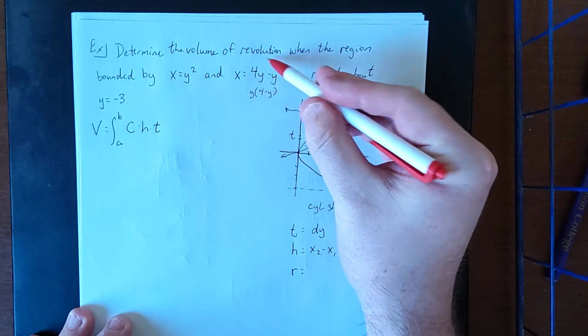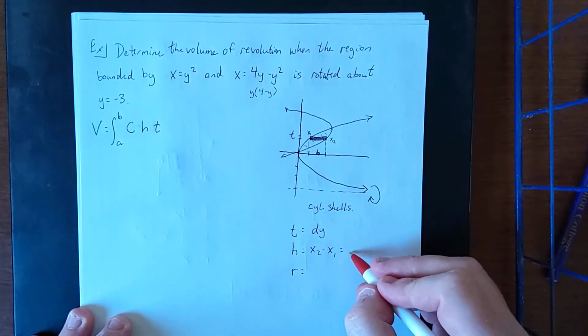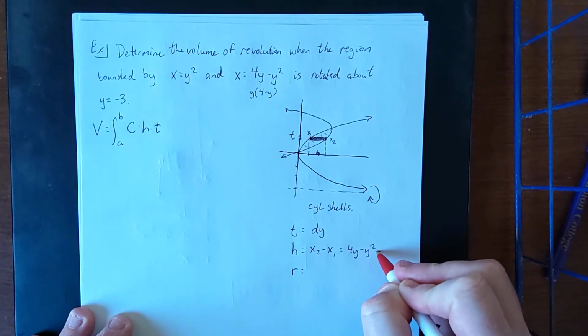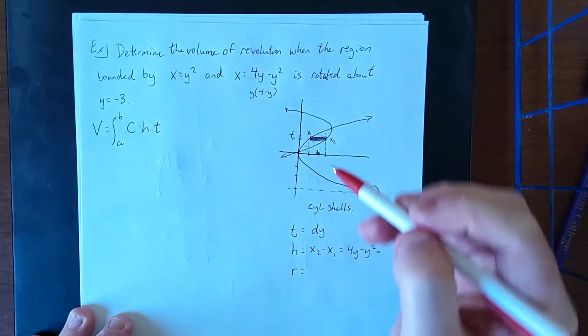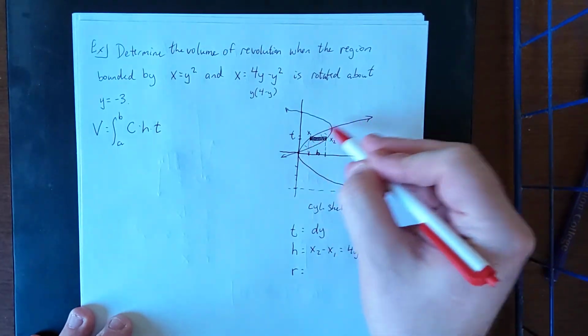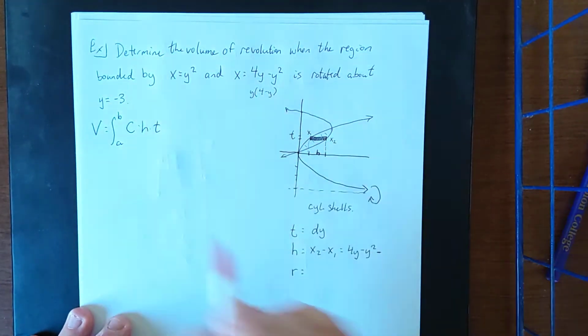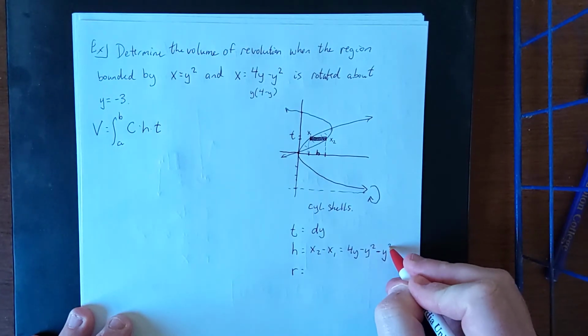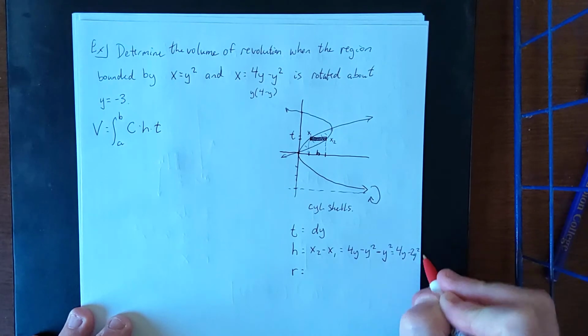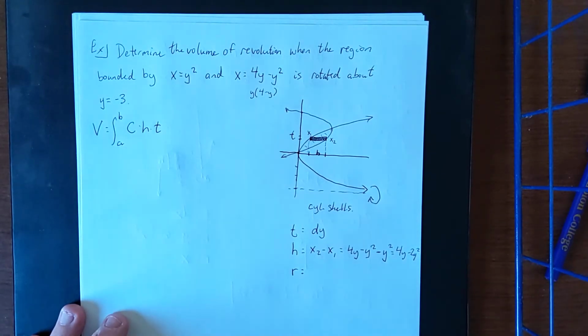That was this parabola here, 4y minus y squared. So 4y minus y squared minus x1. x1 is the parabola opening to the right in this case, which was our x equals y squared. And that'll be something that we can simplify to 4y minus 2y squared.